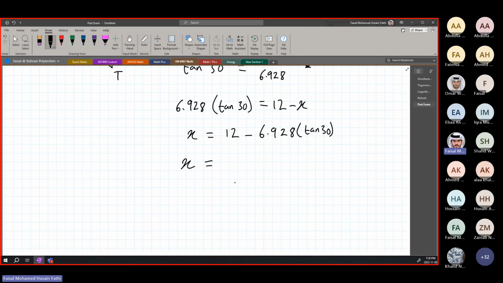So x is equal to 12 minus 6.928 times tan 30, which is going to be equal to 8. Okay, 8 meters.